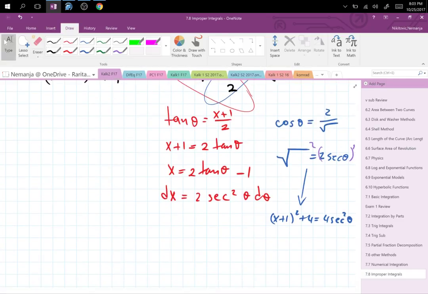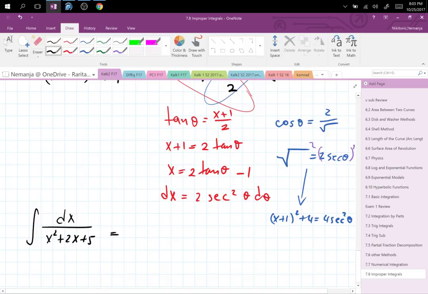Now I'm just going to solve the integral, and then I'm going to go and plug, because I don't want to write the limit 15,000 times. So I'm just solving the integral now, which is dx over x squared plus 2x plus 5, which can be rewritten as the integral.